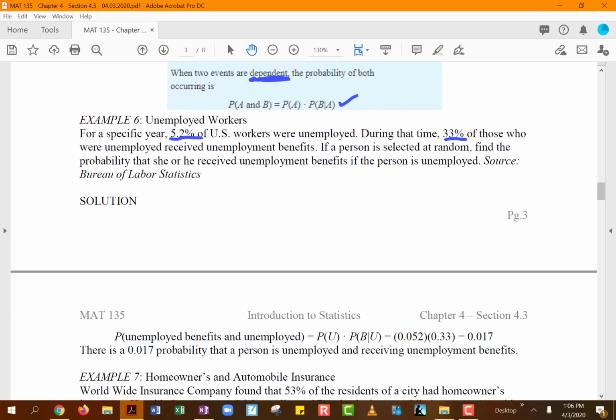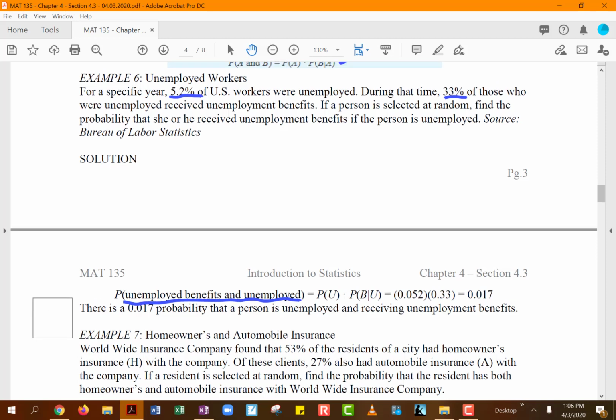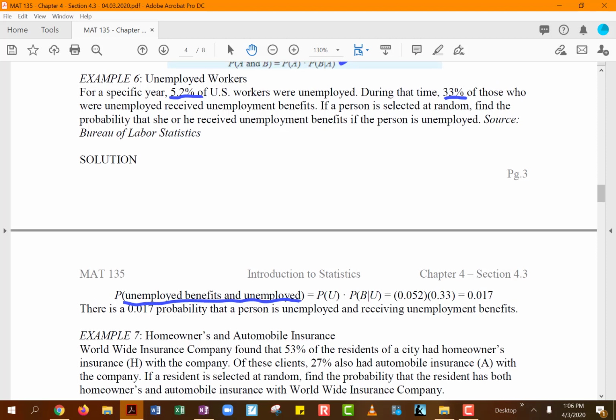So they're asking us to find the probability that this person we select received unemployment benefits if the person is unemployed. So this is kind of the probability we're finding. They're receiving unemployment benefits and they are unemployed, right? So the probability of a person being unemployed is this 5.2%, right?